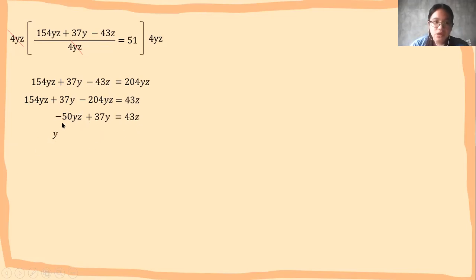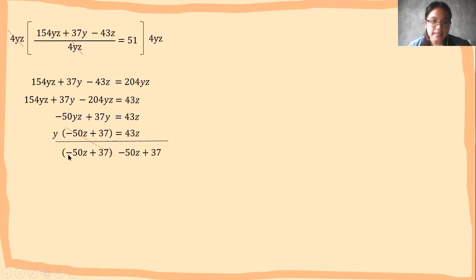We have negative 50yz divided by y is equal to negative 50z. Then 37y divided by y, we have positive 37, then copy the 43z. So let's divide both sides by negative 50z plus 37, then cancel. So we have y is equal to 43z over negative 50z plus 37. So this will be our initial value of y.